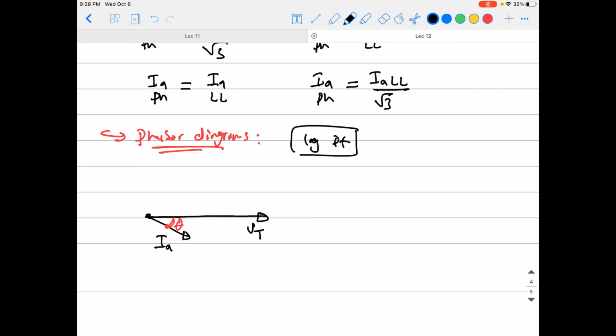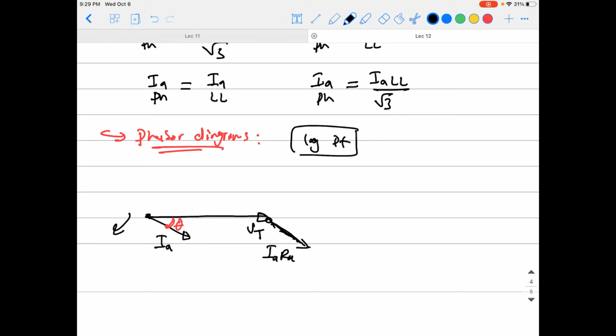Okay, so it is a lagging power factor like this, which means the current angle lags the voltage angle, so it is negative, going down like this. And you need IARA to add to the terminal voltage. So I will have the same phasor of the current here, with the same angle, parallel to it, and this will be IA multiplied by RA.